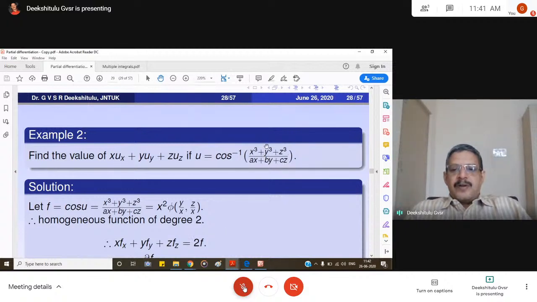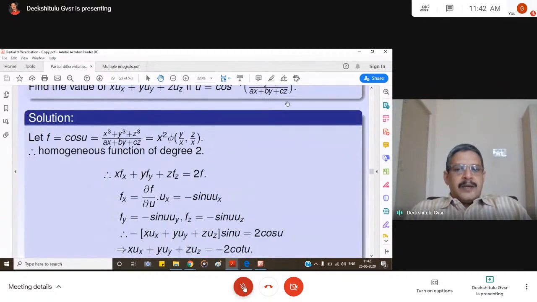And what is the degree of the polynomial here? 2. Because if you take x square common, it is a function of y by x and z by x. In the numerator we have taken x cube, and in the denominator we have taken x, so x cube by x, we get x square. So degree is 2.